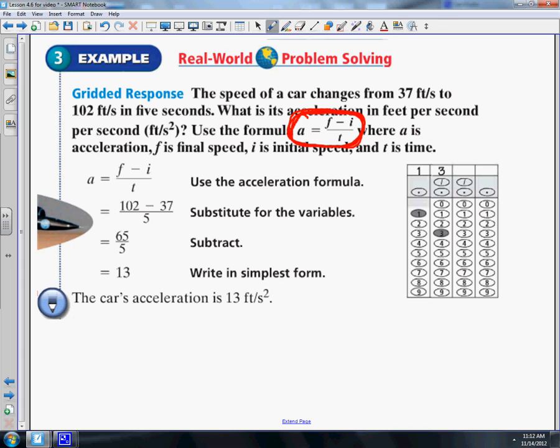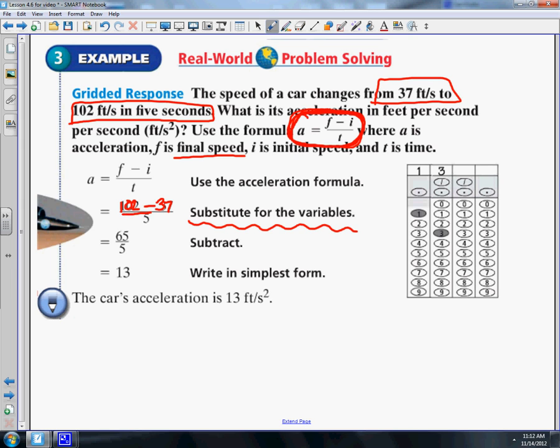So what I do is I take that formula, A equals F minus I over T, and then I substitute my numbers in. So they told me F is the final speed, and they told me 102 feet per second. So that's where they put 102. And I'm going to minus the initial, which is 37, minus 37.